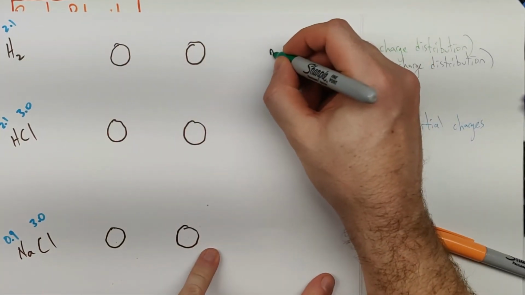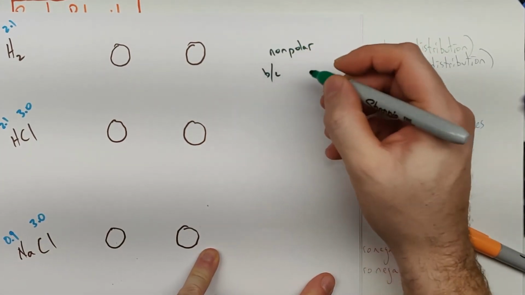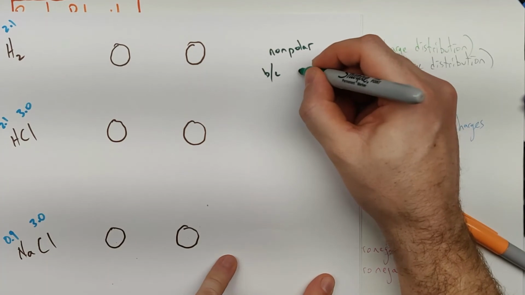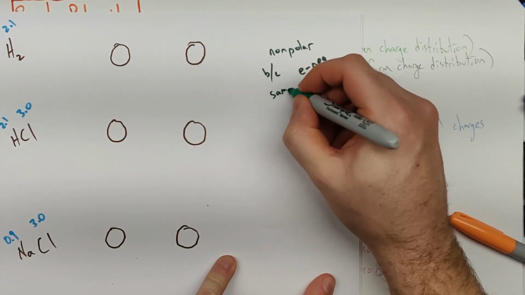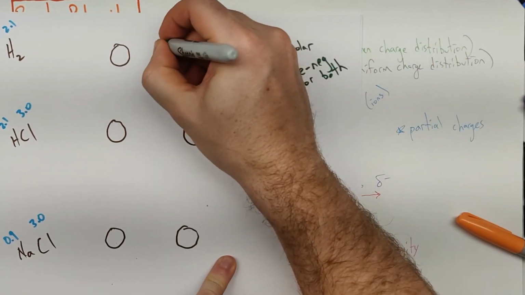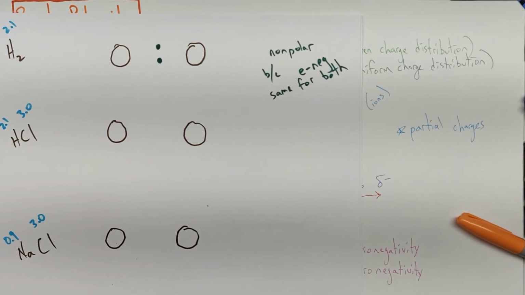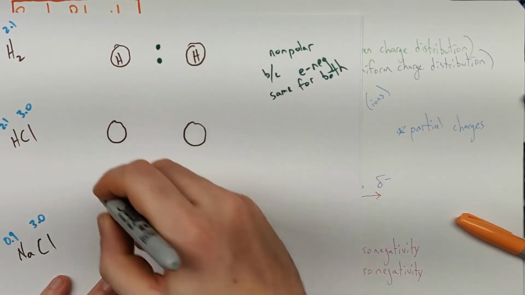In fact, we're going to say that this is non-polar, right? Because the electronegativities are the same for both. So our electrons involved in that bond are going to be equally distant from each of those hydrogens.